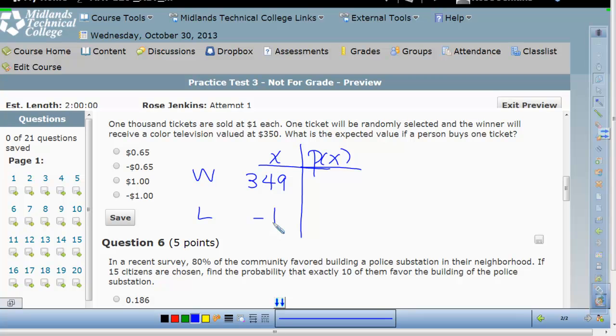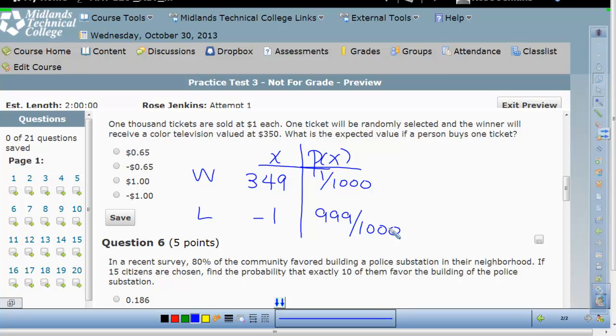Since 1,000 tickets are sold, and we can assume that one of those tickets, it says one ticket will be randomly selected, and that's the winner. What's the probability of them getting the $349? 1 out of 1,000. And then the probability that they lose $1 is what? 999 out of 1,000. Okay, so that's the probability distribution.